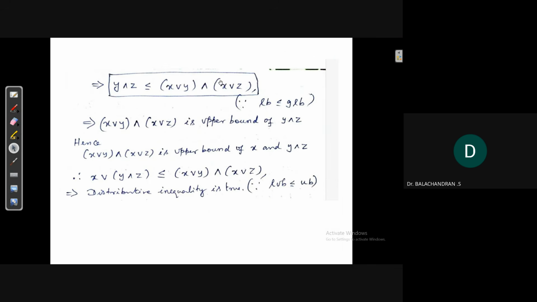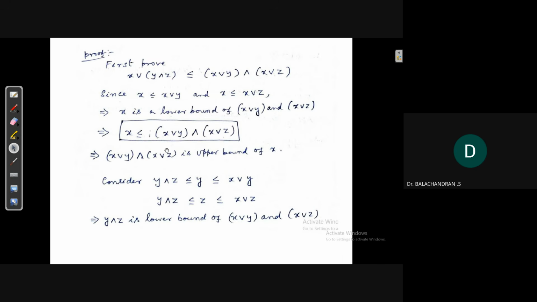So this implies the right side quantity is an upper bound for the left side quantity, y ∧ z. As I told you in the previous slide, we need to prove this is an upper bound of x.